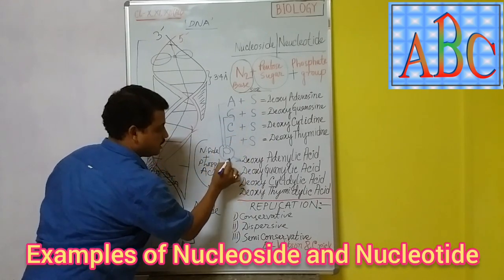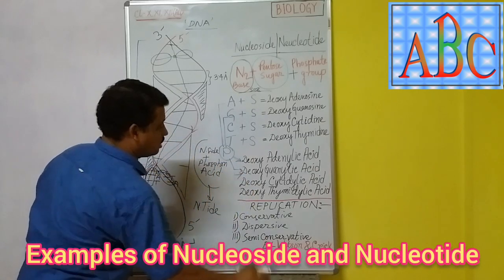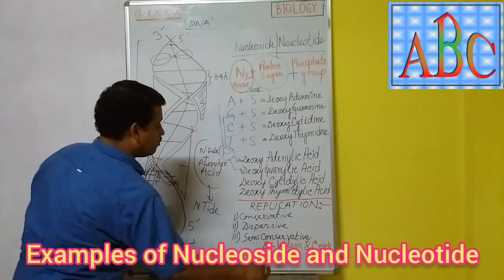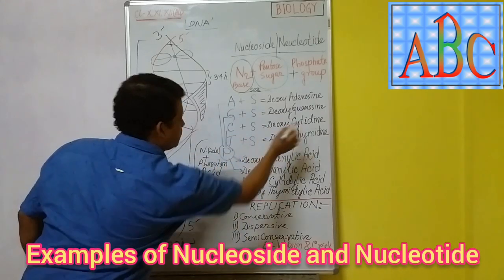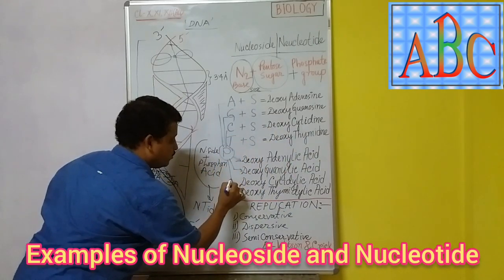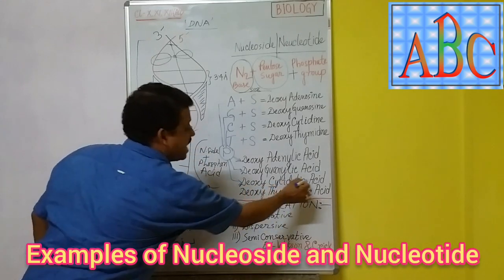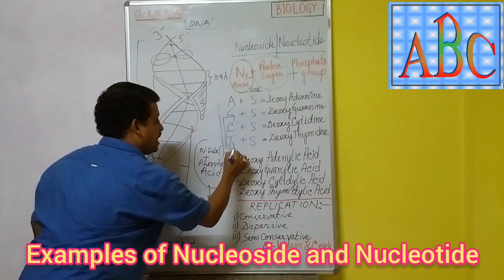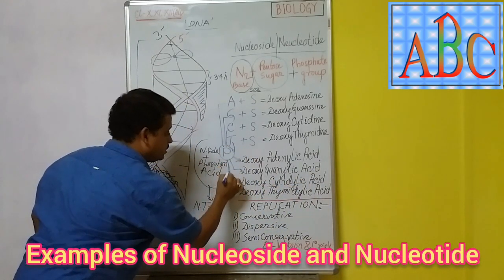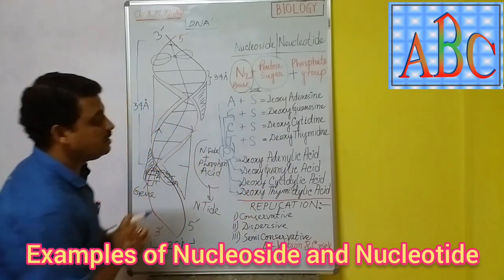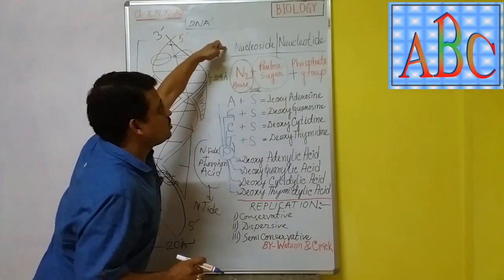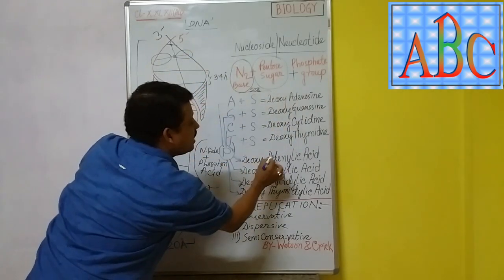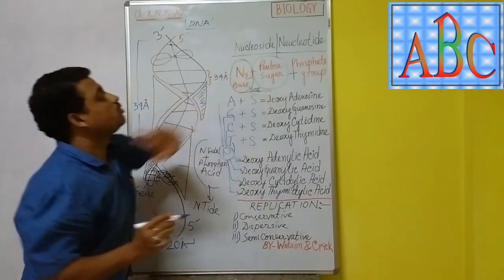Now deoxyguanosine will form deoxyguanylic acid. Then deoxycytidine with phosphate will form deoxycytidylic acid, and thymine will form deoxythymidylic acid. So deoxyadenosine is a nucleoside, and deoxyadenylic acid is a nucleotide.